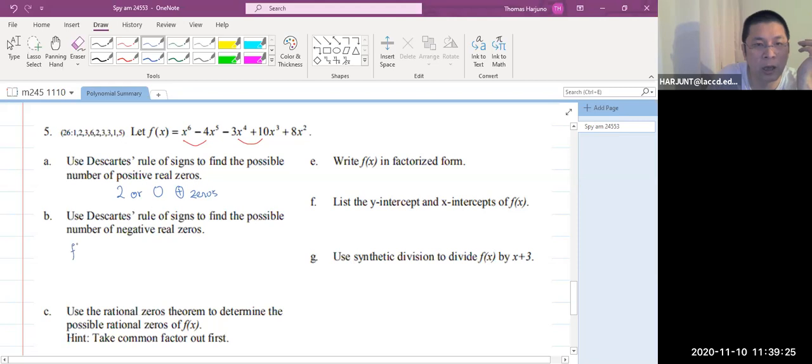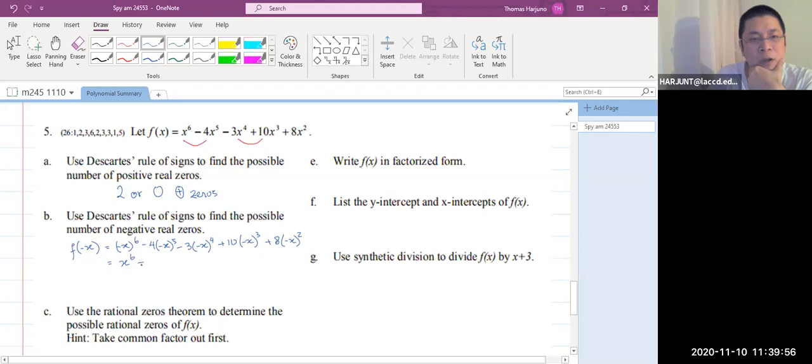So let's see, f of negative x will be negative x to the 6th minus 4 times negative x to the 5th minus 3 times negative x to the 4th plus 10 times negative x cubed plus 8 times negative x squared. So you will see when it has an even exponent, the coefficient stays the same.